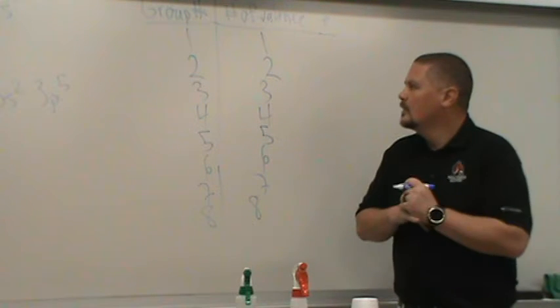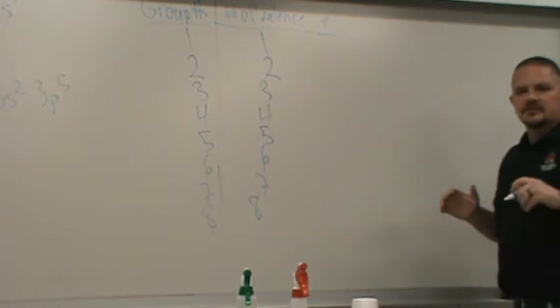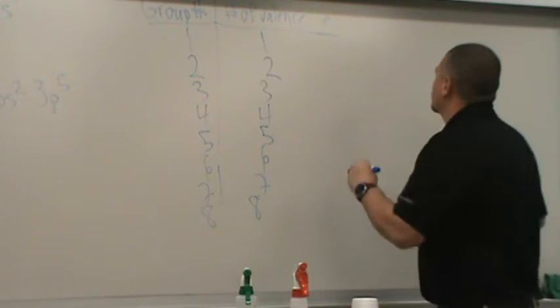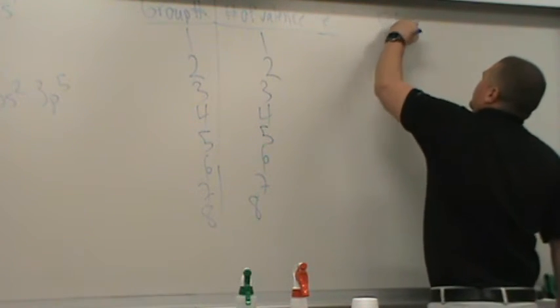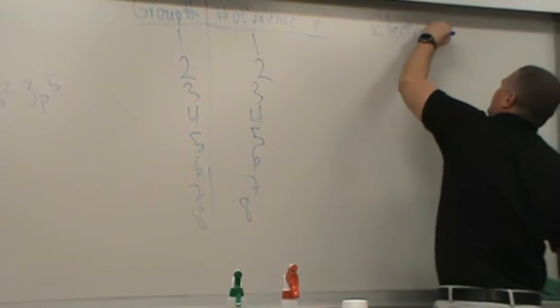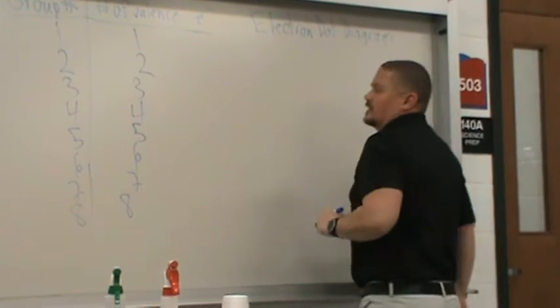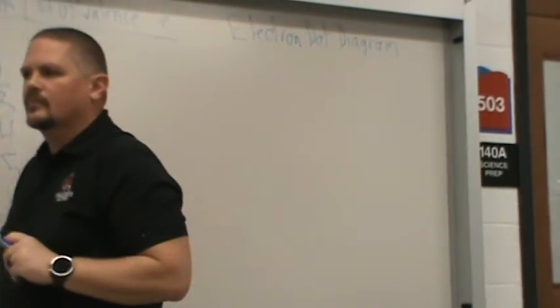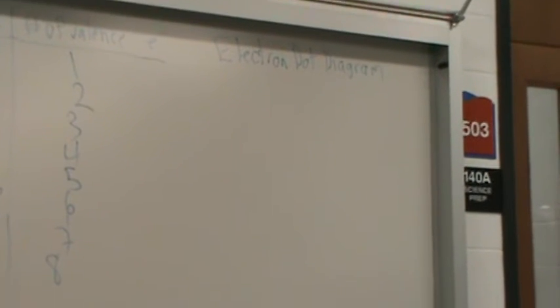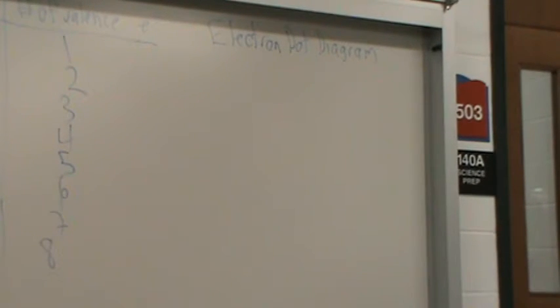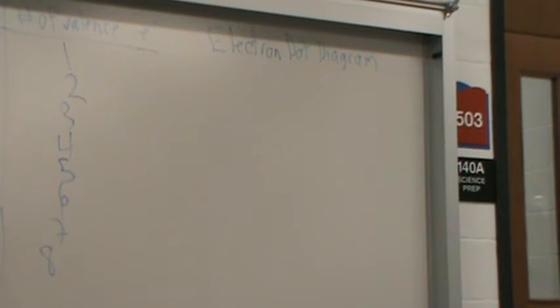No? Okay. Now, one more way that we can show valence electrons is what is called the electron dot diagram. So hopefully you can figure out what we're going to use to represent the valence electrons.